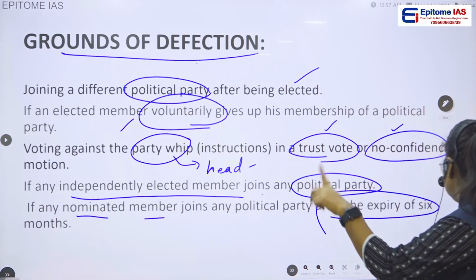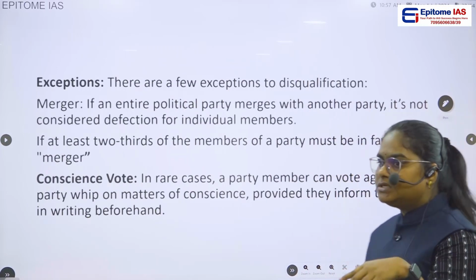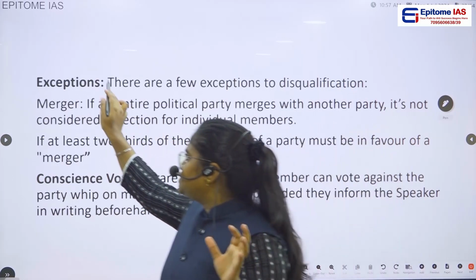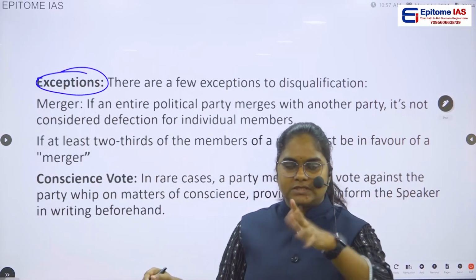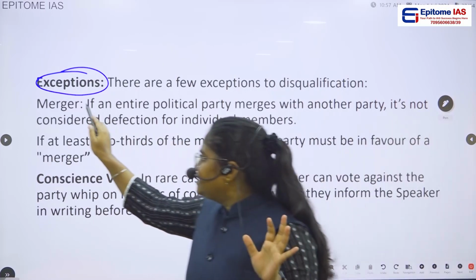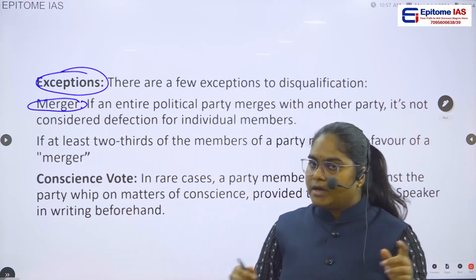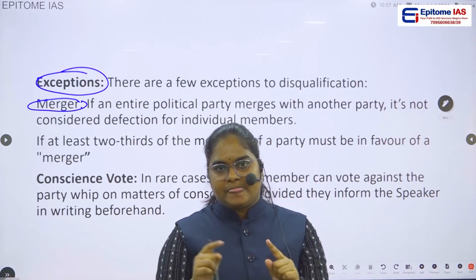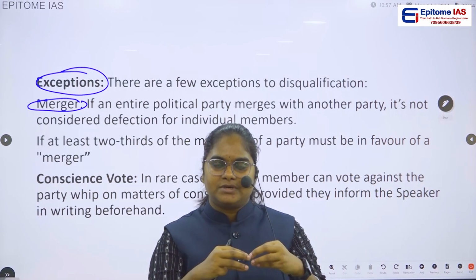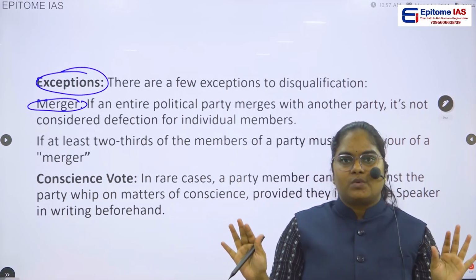Okay, so these are some of the grounds of defection mentioned in the anti-defection law, and there are some exceptions for the disqualification. What are these exceptions? One is in case of a merger, let's say an entire political party is joining with another political party. In case of this merger, there is no disqualification.